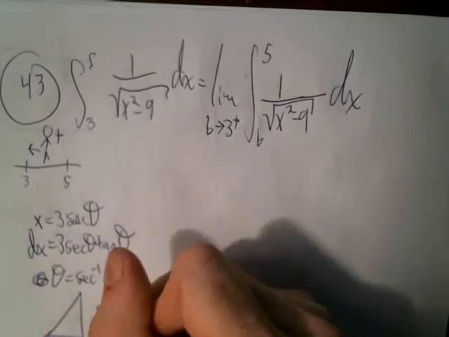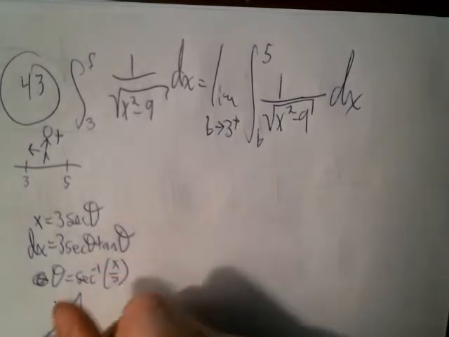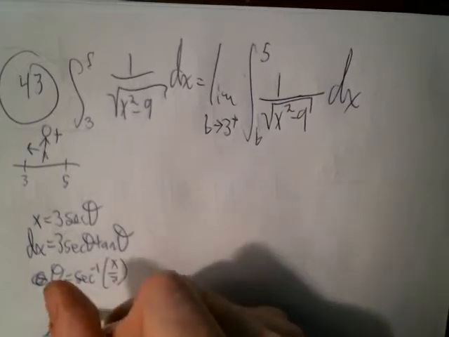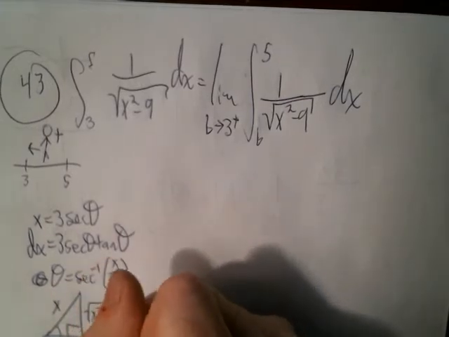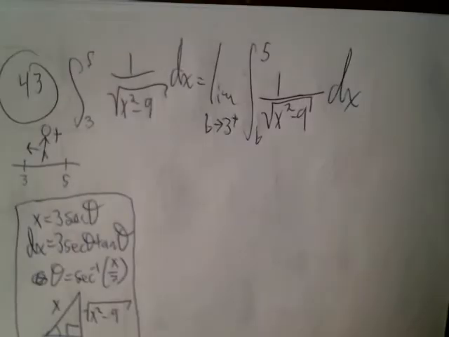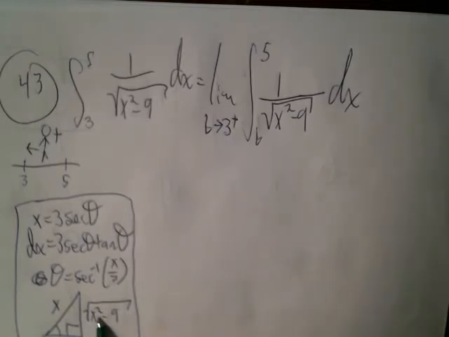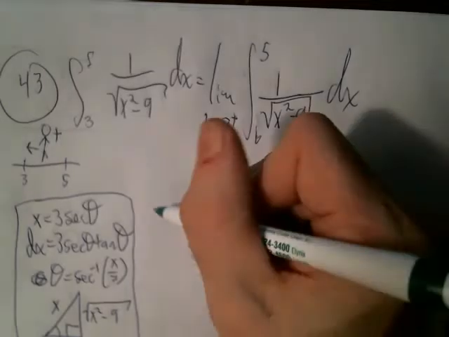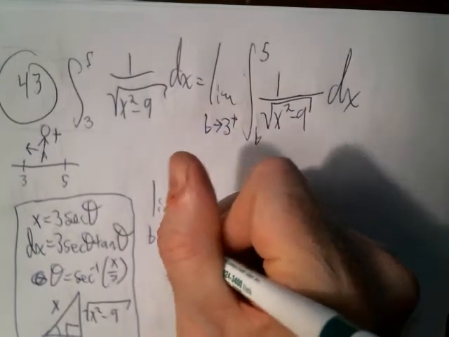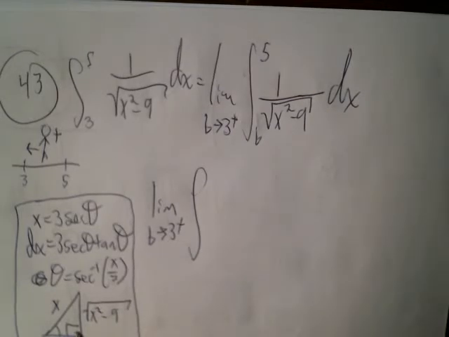So secant is 1 over cosine, so it'll be hypotenuse all over adjacent, and then the square root of x squared minus 9 is the opposite. This is just going to be tan of theta.